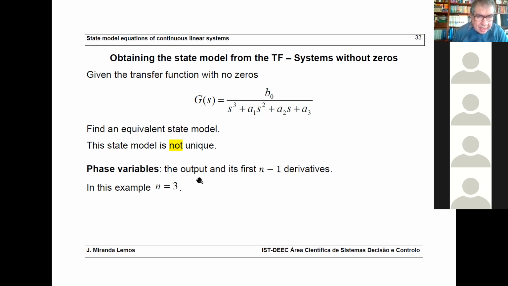So I take as state variables the output and its first n minus 1 derivatives. In this case, n is the order of the system, which is the order of the denominator and the number of poles, and it's 3 because I have a third order polynomial in the denominator. So I will take as state variables the output, the first derivative, and the second derivative of the output.